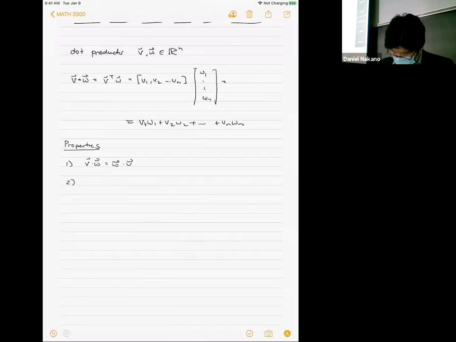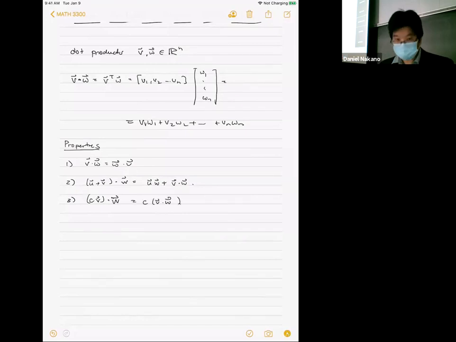The second property is the distributive law: (U plus V) dot W is U dot W plus V dot W. Dot products also behave well with respect to scalar multiplication: if I take a scalar multiple of V dotted with W, I can move the scalar anywhere I want, so this is c times (V dot W).